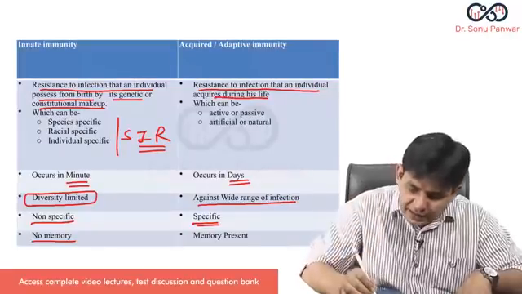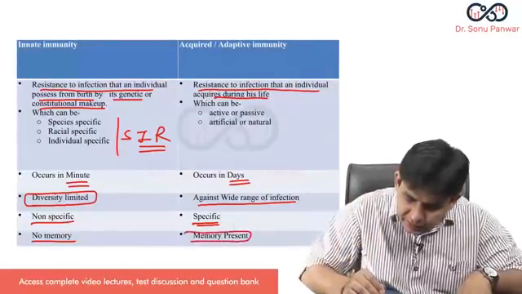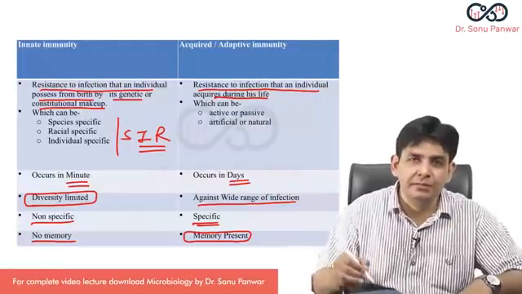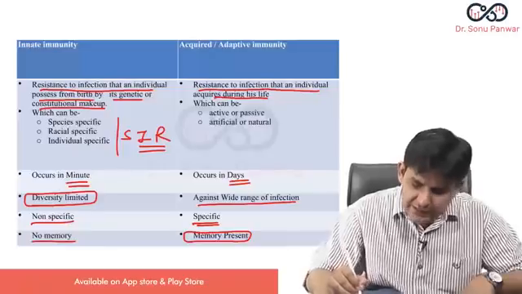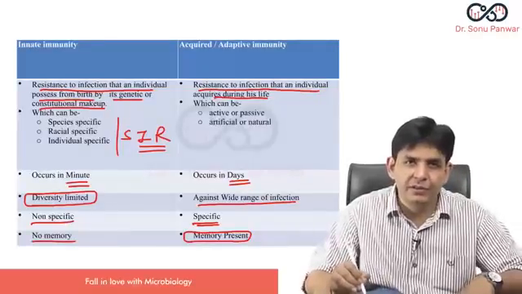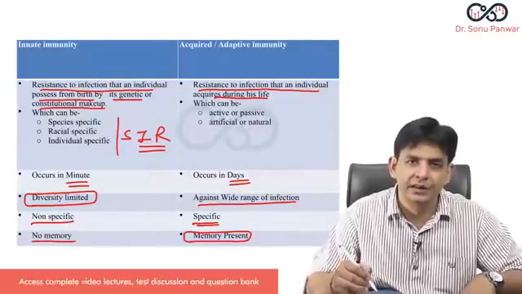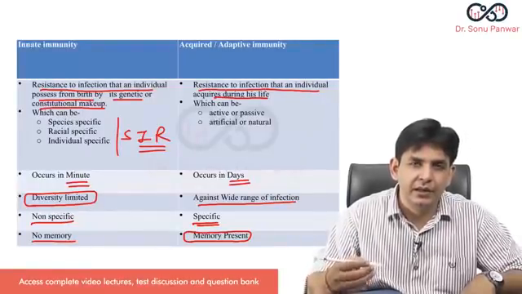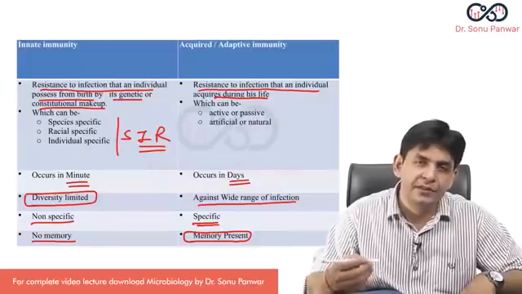And remember, it is for life. Memory is present. T memory cells and B memory cells are there, which are like the photographers of the immune system, and they hold this fellow in their memories: that this antigen has come into our body, and how to tackle it if it comes next time.